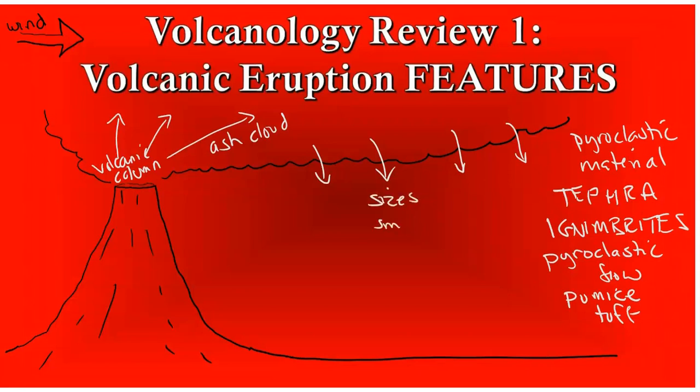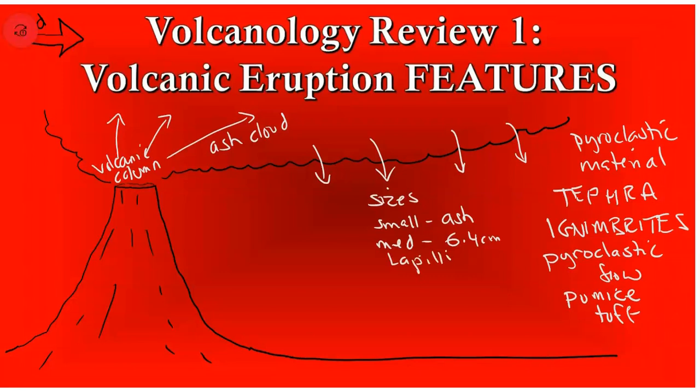So in terms of tephra, you have different sizes. Very small, then medium sizes, between 2.2 centimeters and 6.4 centimeters, looking at things called lapilli, or volcanic cinders.